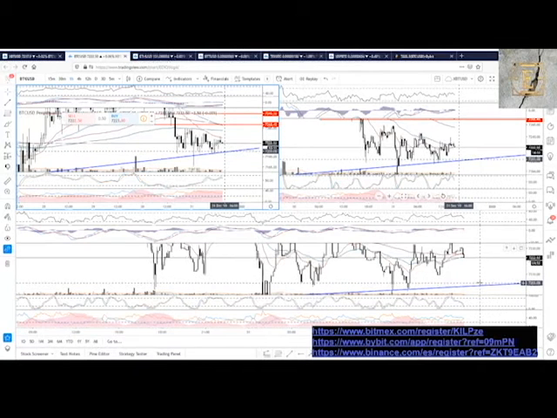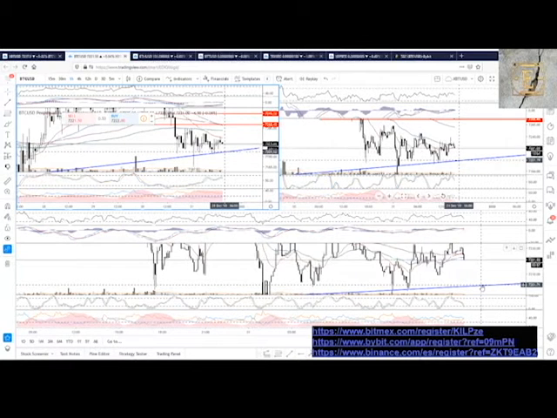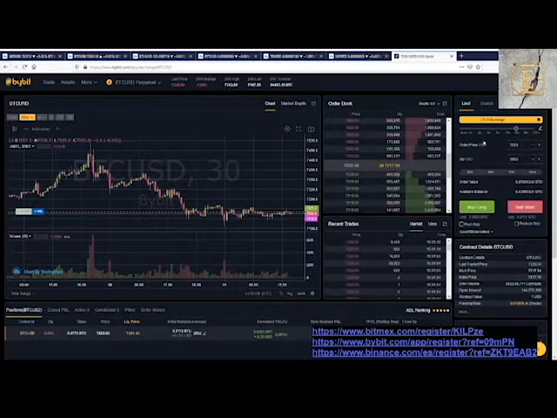So I think I'm going to exit over here. Maybe it's too early, but I don't think it's going to break the trend line that easily. So safer, 21.2. It's not a big profit, but okay.